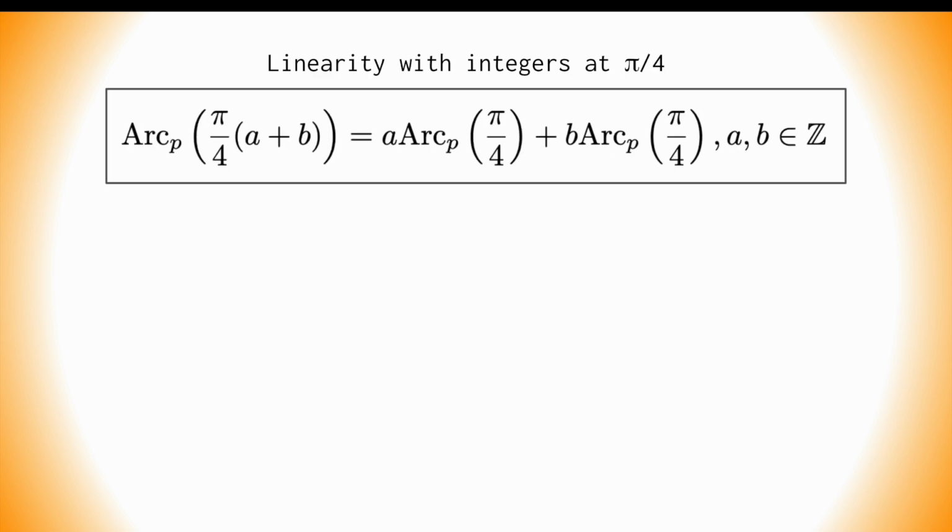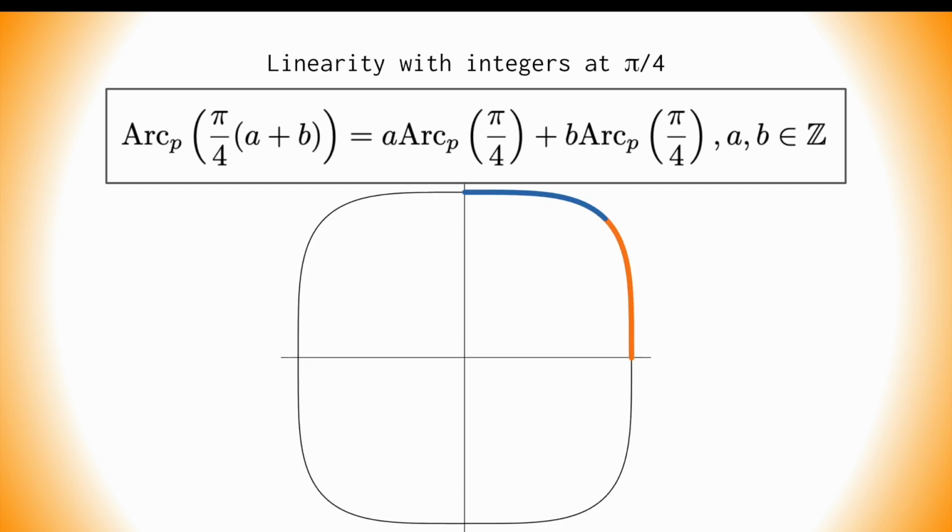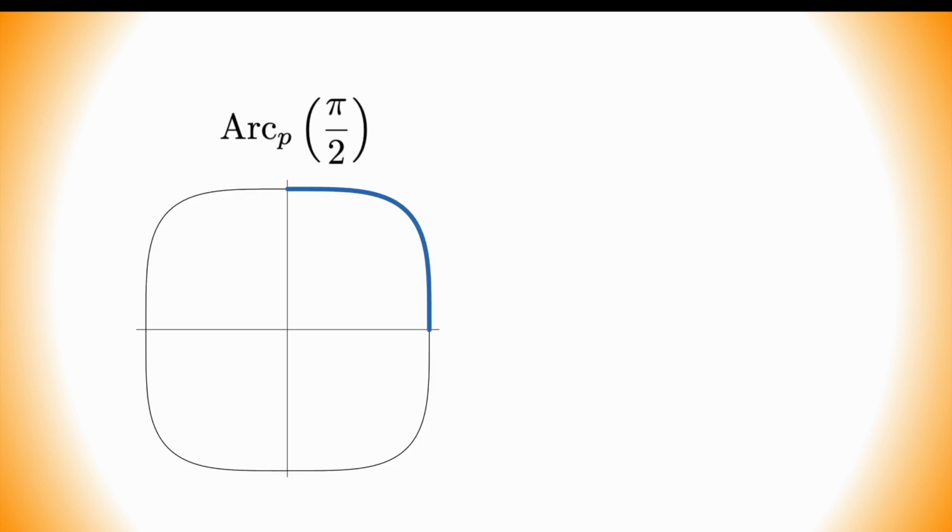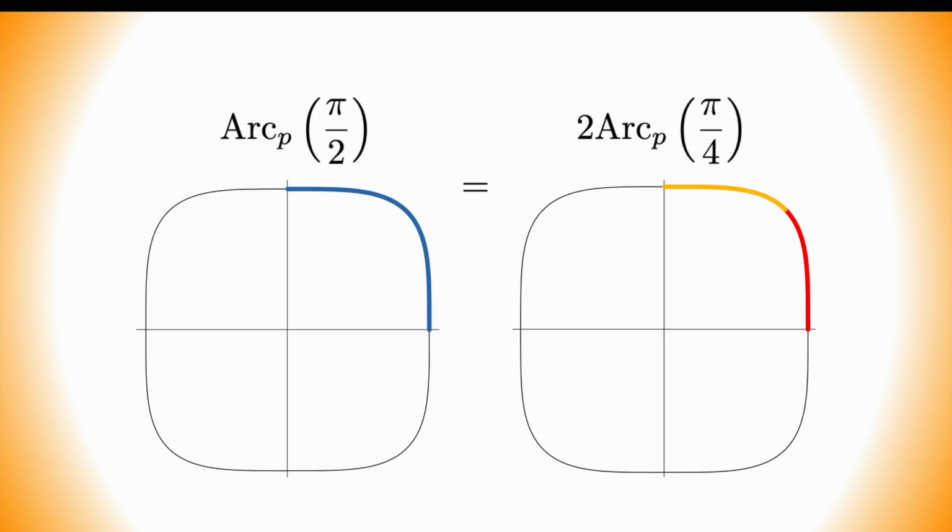Next, arc base p is linear with integers at pi over 4. We'll take this one piece by piece. We can see from the 8-fold symmetry of Squircles that this arc length is equal to this arc length, which is equal all over the Squircle. From that, we can deduce that if we wanted to find arc of pi over 2, it would be the same as 2 of arc pi over 4s.